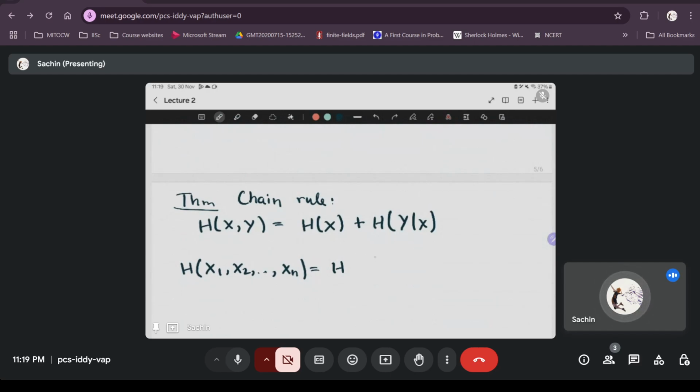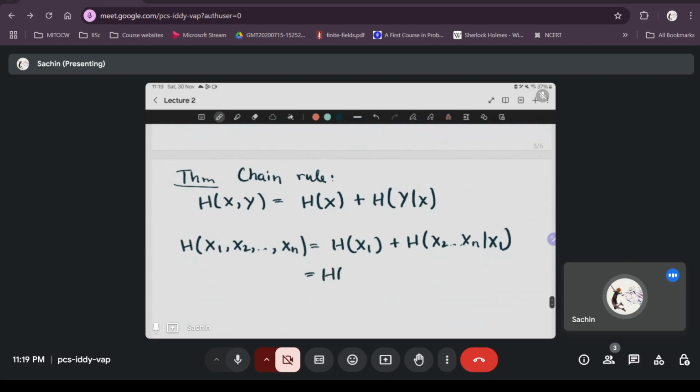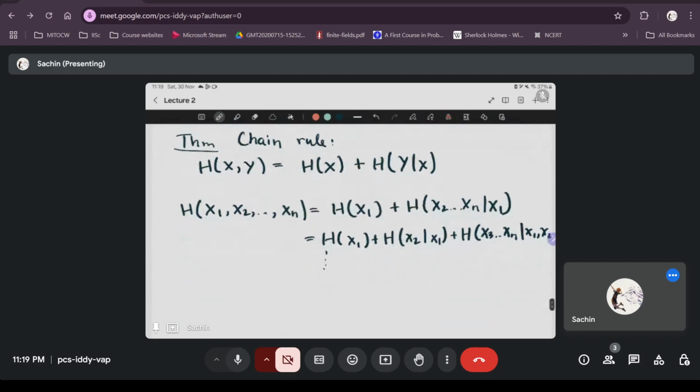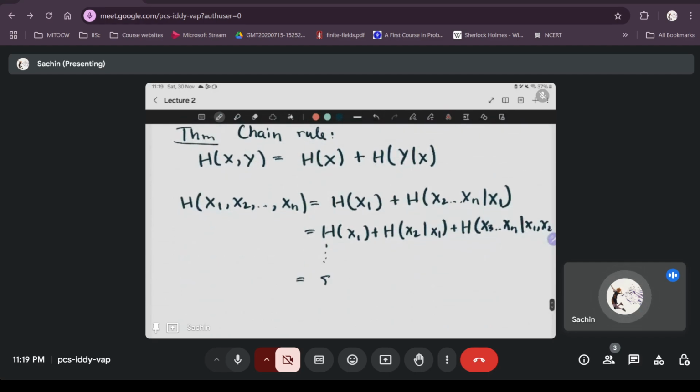And you can extend this from two variables to n variables as H of x1 plus H of x2 up to xn given x1. This you can further write as H of x1 plus H of x2 given x1 plus H of x3 up to xn given x1 x2, and you can keep on going like this.